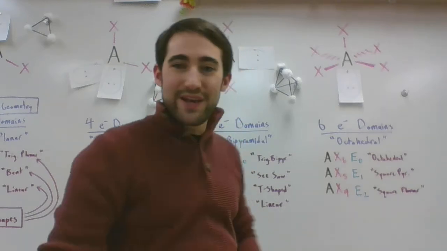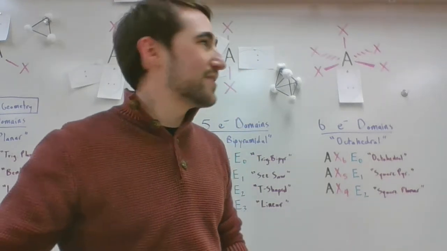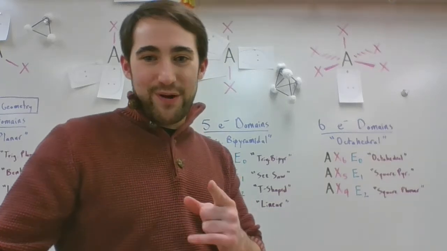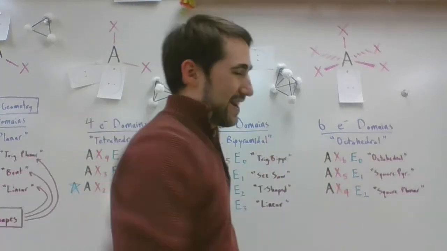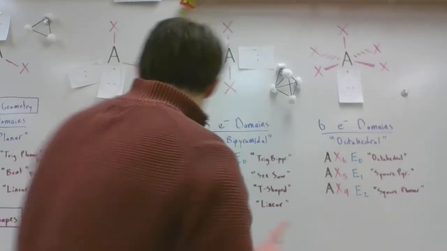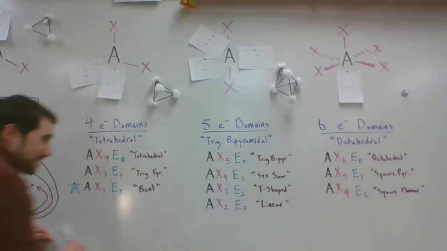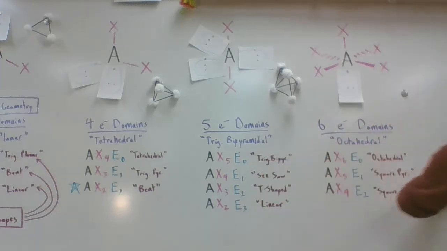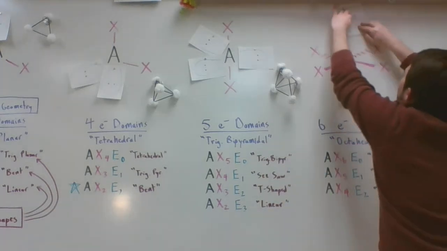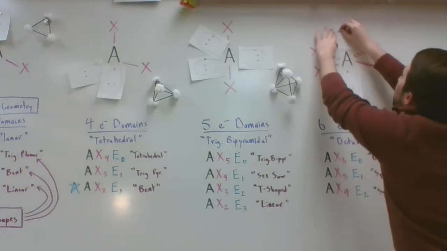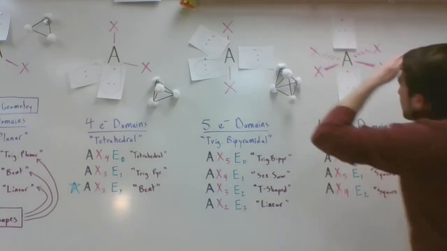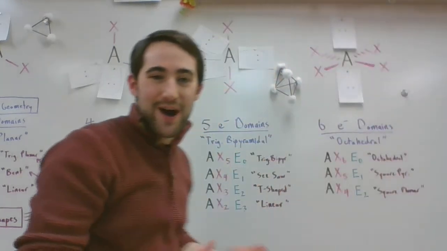If we throw in another lone pair of electrons, this time it does matter where we put them. We can't just throw them anywhere. We're very specific about this one, because we like to put them on opposite sides.